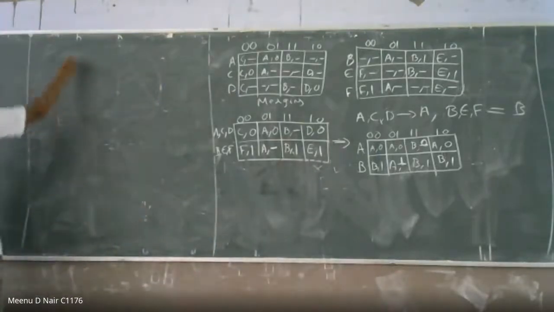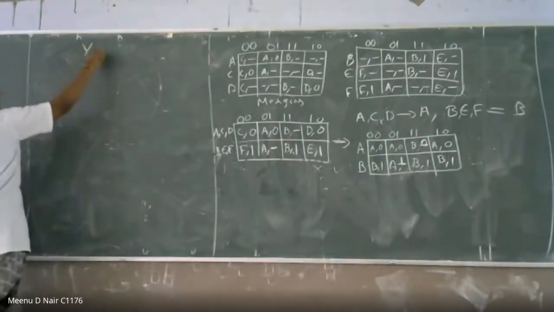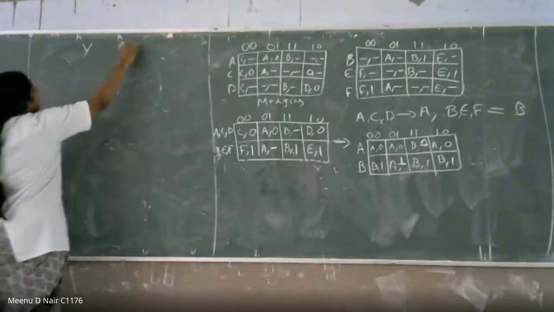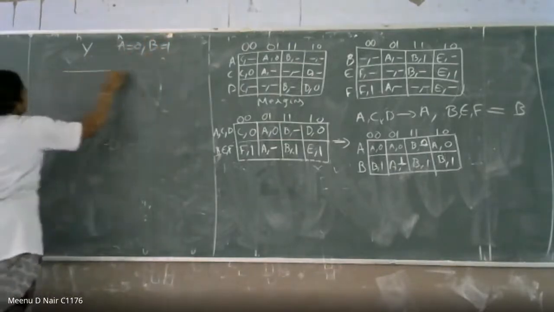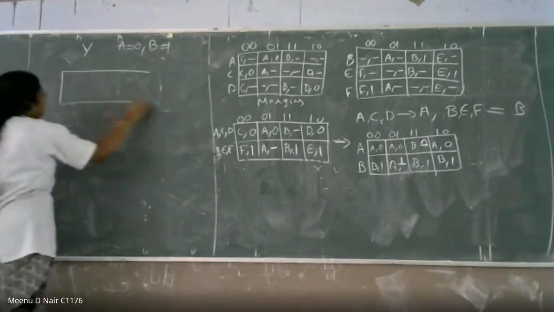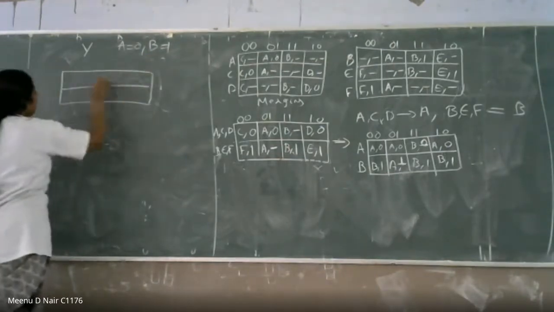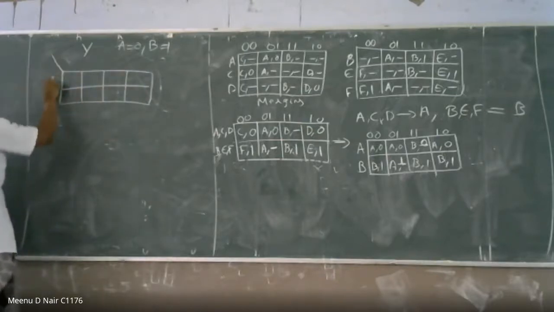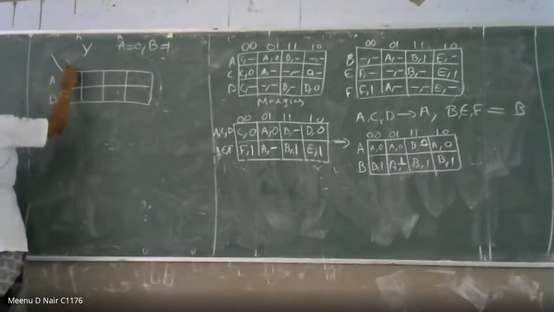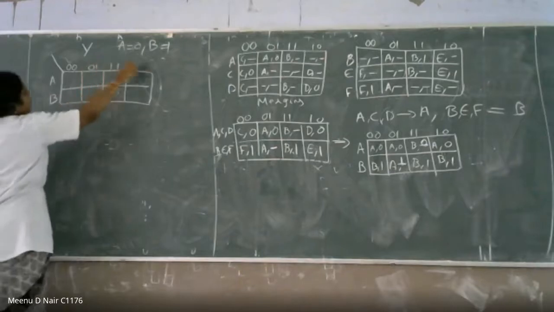Excitation variable is nothing but capital Y, and here you are giving A is equal to 0 and B is equal to 1. So when you are drawing this schema, this is A, B, 0, 0, 0, 1, 1, 1, 1, 0.